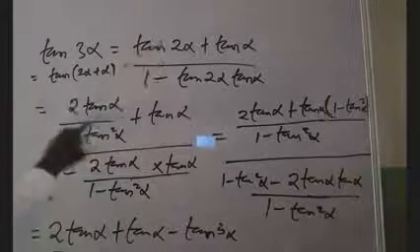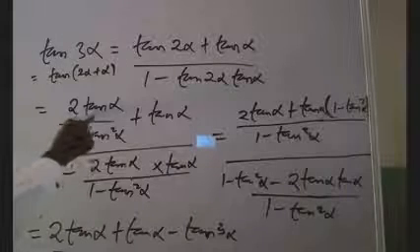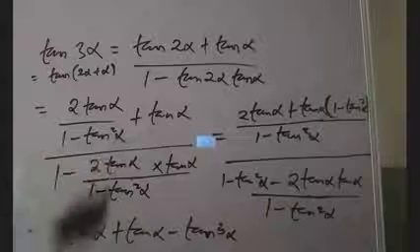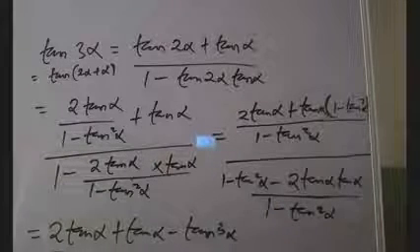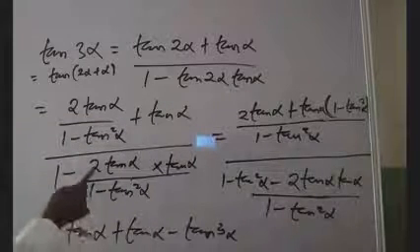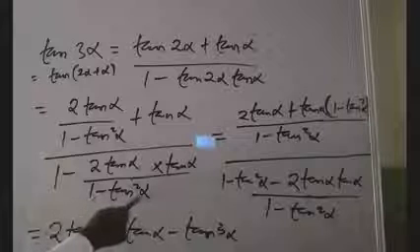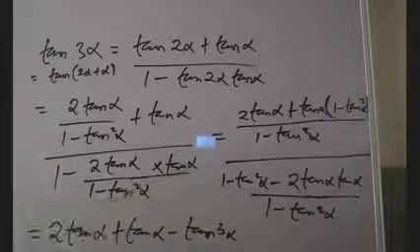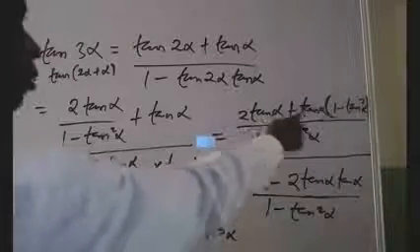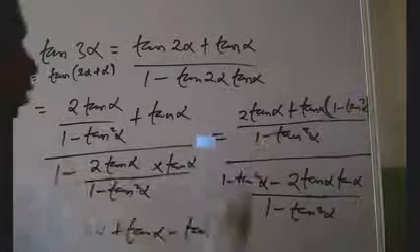Tan 2 alpha is the same thing as 2 tan alpha over 1 minus tan squared alpha. So tan 2 alpha here will give us 2 tan alpha over 1 minus tan squared alpha, plus tan alpha. If you take the LCM, you have 2 tan alpha plus tan alpha bracket 1 minus tan squared alpha, over this.